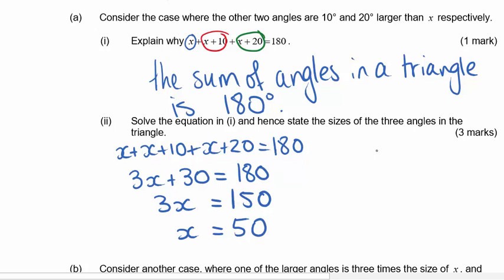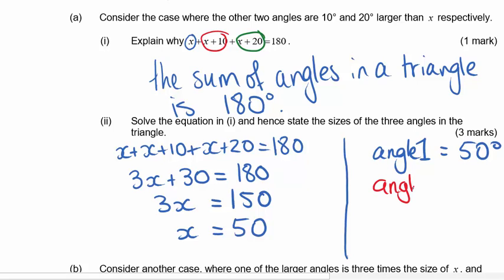So our first angle, angle 1, is 50 degrees. Angle 2 is 10 degrees more than that, so that's 60 degrees.